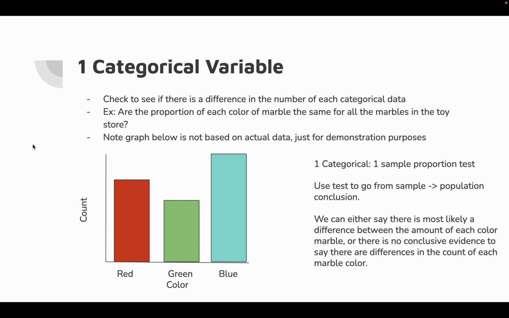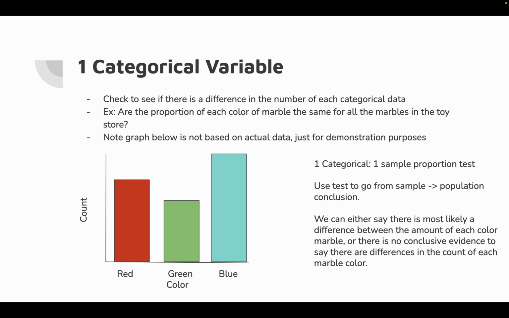Once you have these variables, we can go about analyzing them. If you have one categorical variable, we can see if there's a difference in the number of each categorical data. For instance, are the proportions of each colored marble the same for all the marbles in the toy store? And this is kind of shown in the graph below here.